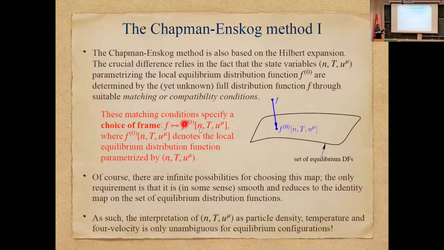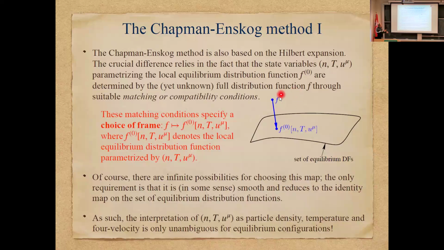More precisely, you can think of this local distribution function as a 5-dimensional subspace in this infinite dimensional space of all the possible distribution functions. If you are close to equilibrium, I introduce a method where I somehow project this distribution function on this set of equilibrium distribution functions. And of course, there are infinitely many ways of doing this, so this is not unique.